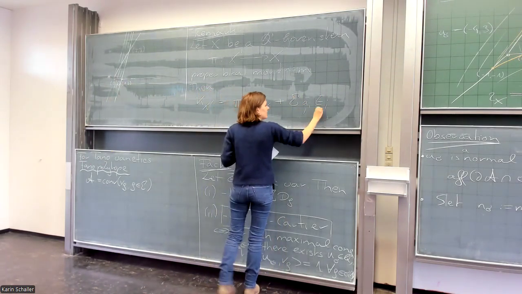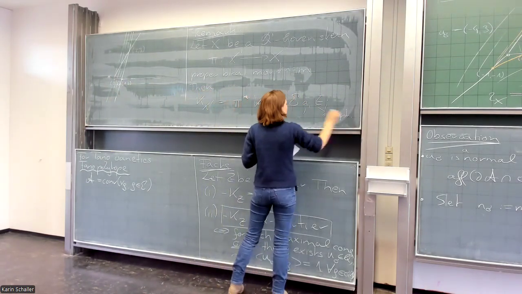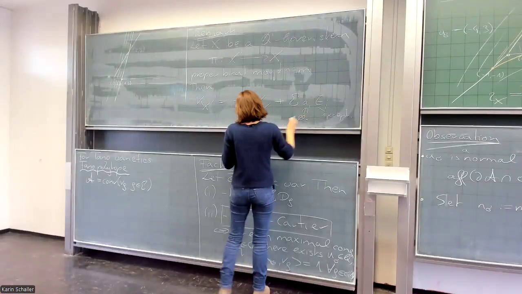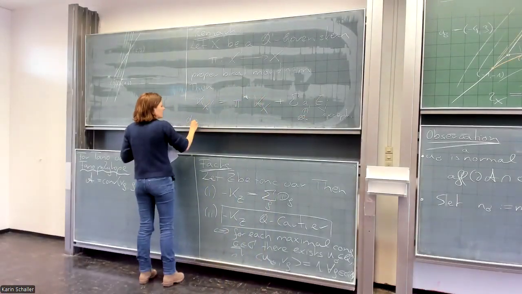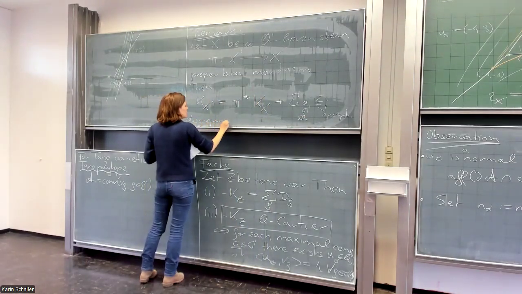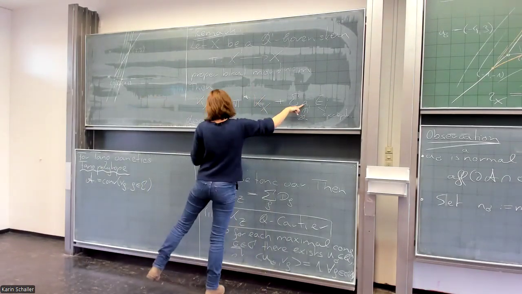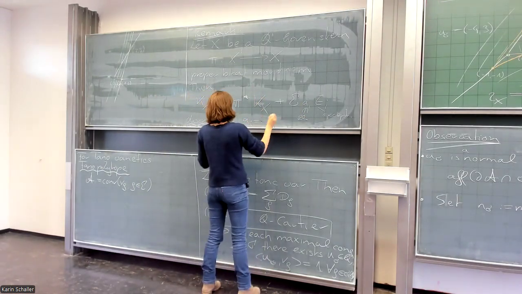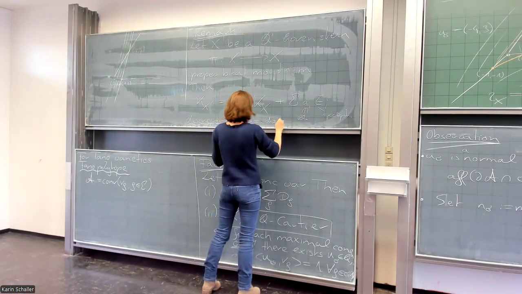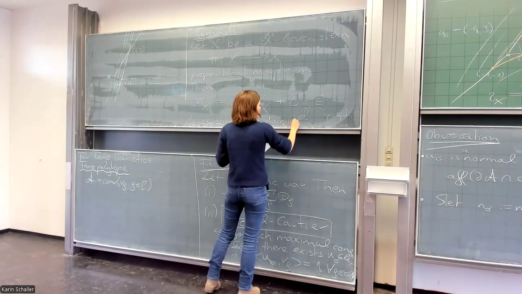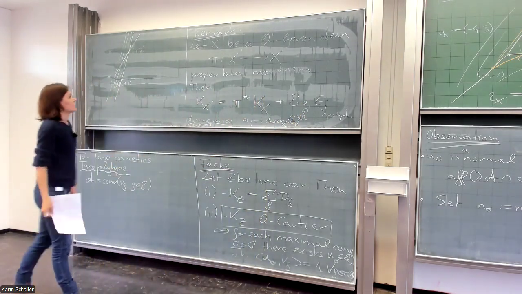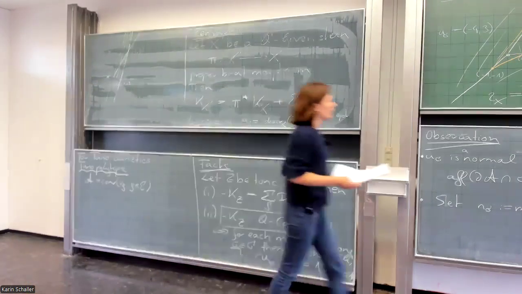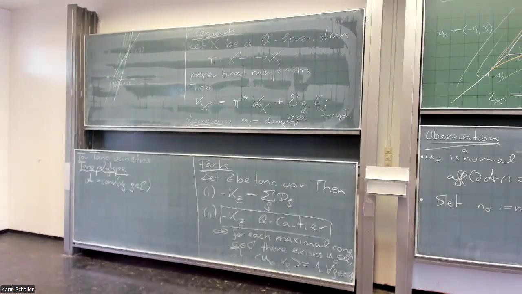So these guys here are exceptional divisors, and this coefficient lives in Q, and the discrepancy is now precisely this a_i. We denote this the discrepancy of X. And now we say something about the singularity type in terms of these discrepancies.